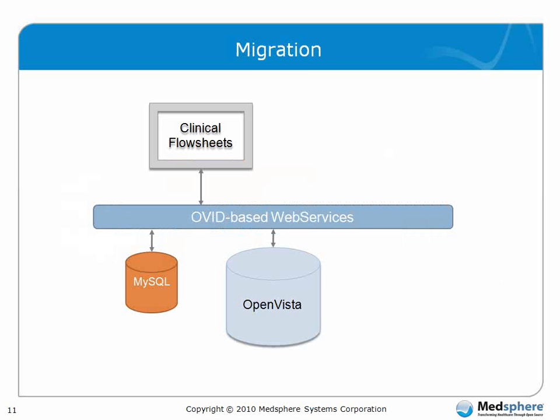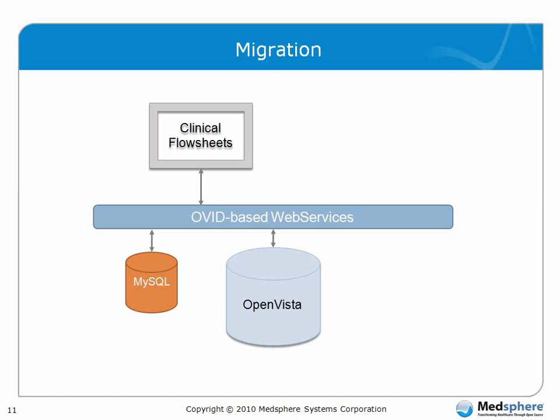So another way that we can leverage this is we built a clinical flow sheets application, originally on the CIS platform and now on the CareView platform, that leveraged the OVID-based web services for the domains. So you can envision there, if you take away the orange cylinder, just data flowing between clinical flow sheets and OpenVista.